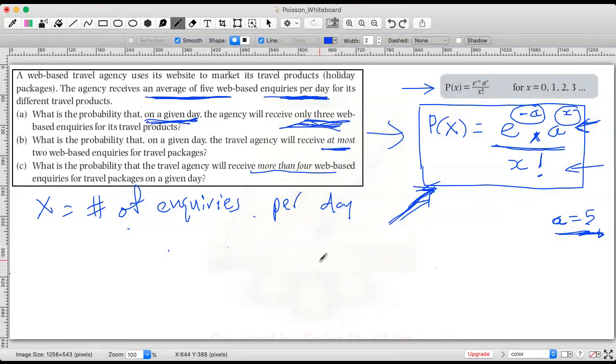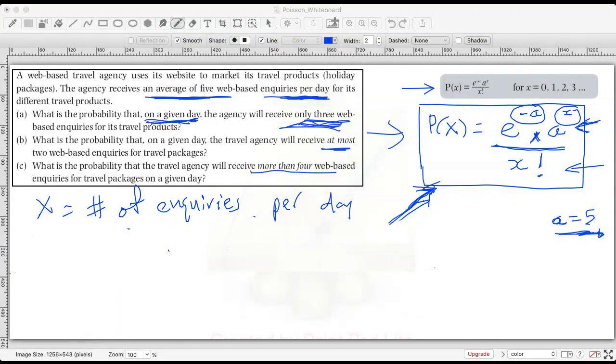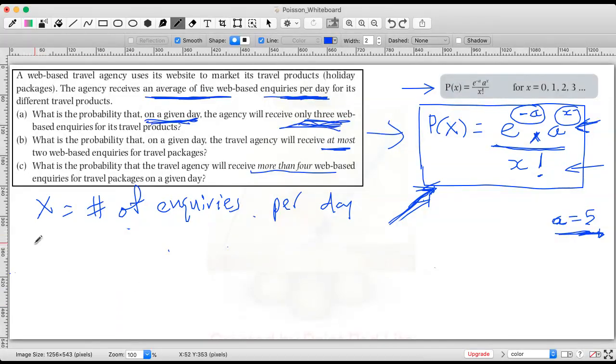So more than 4. So what they're asking me here is to work out the probability. Let's check some chat. 4. Yes, that's right. You can't include 4. Good, Kai. Hope I'm pronouncing your name right, Kai. So you're right. You can't include 4.